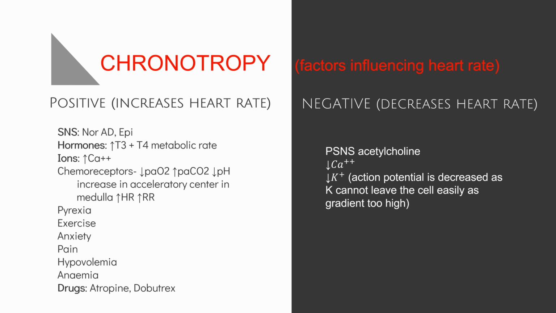If we have a decrease in calcium levels or a decrease in potassium levels, those are both ions. The action potential of our heart is decreased in the setting of hypokalemia, as potassium cannot leave the cell as easily because the gradient is too high vascularly. So we'll have a decrease in our heart rate.